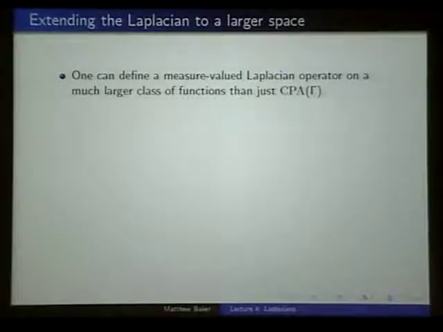But this Laplacian extends to a much larger space of functions than just the piecewise linear functions, which is quite useful because many interesting examples of functions are piecewise linear, like log absolute value of a meromorphic function on Berkovich space will actually be piecewise affine, will be in CPA. But something like a local height function is some limit of those guys.